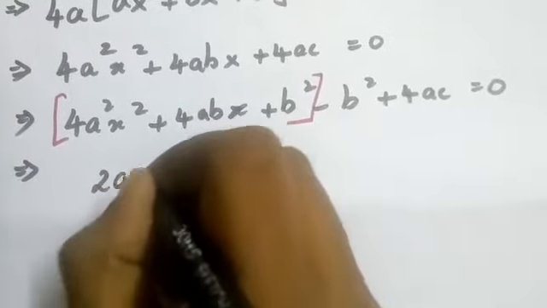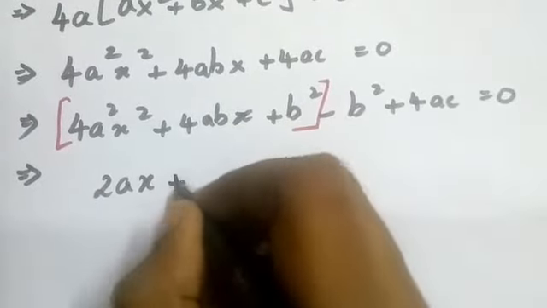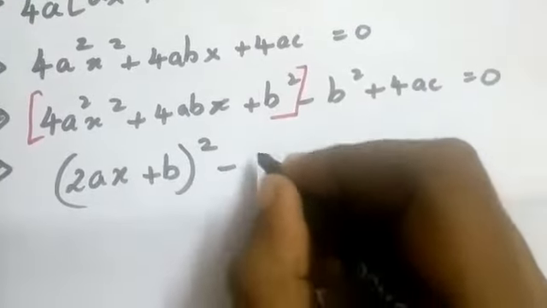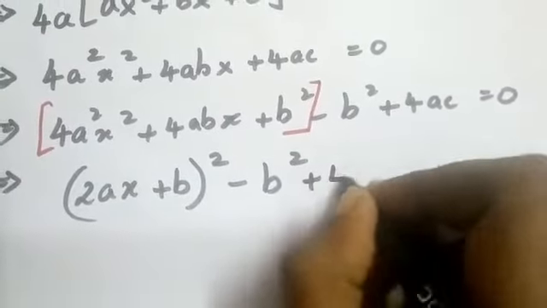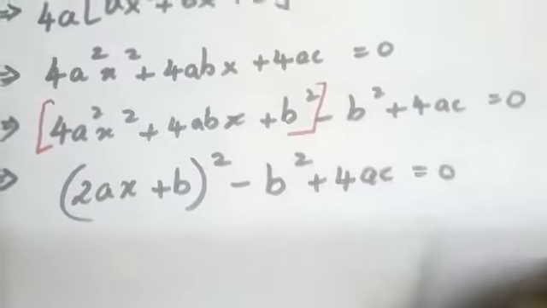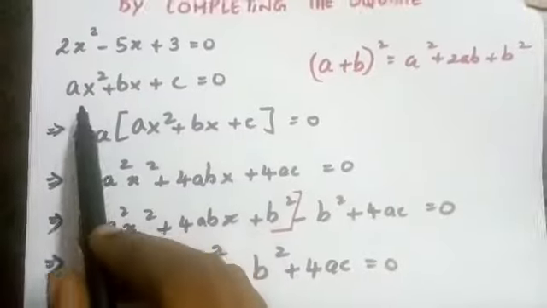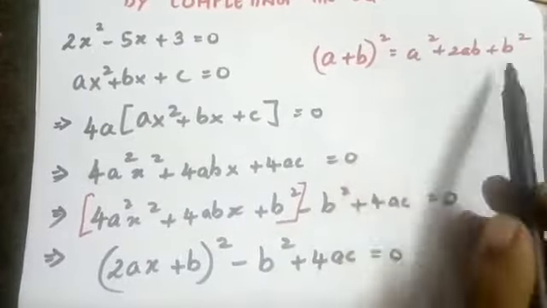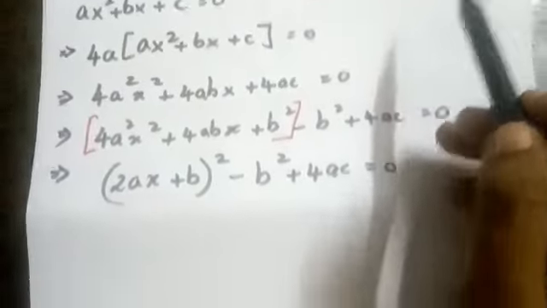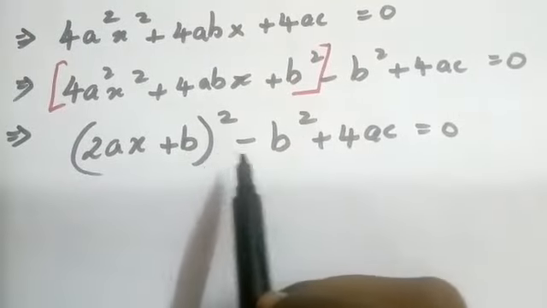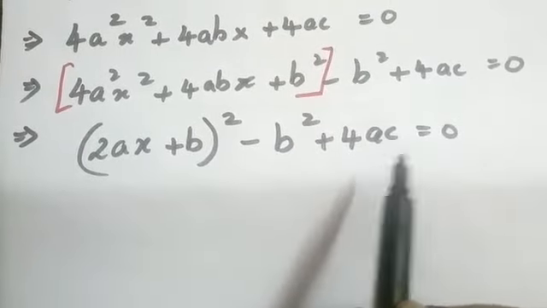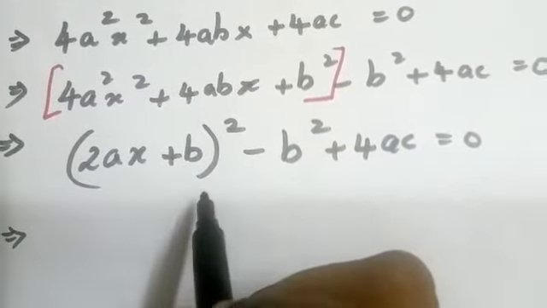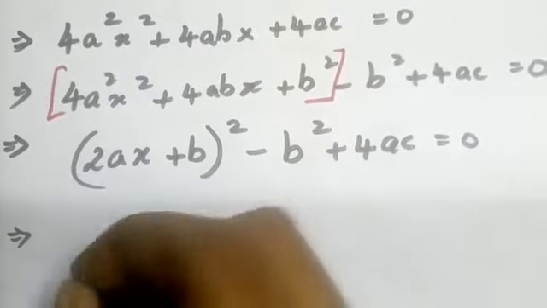So it turns out to be (2ax plus b) the whole square minus b square plus 4ac. I hope you can see that we have converted this equation ax square plus bx plus c into this formula, and it turns out to be (2ax plus b) the whole square minus b square plus 4ac is equal to 0. Now you can see that it has completed a square and you can easily solve for x.